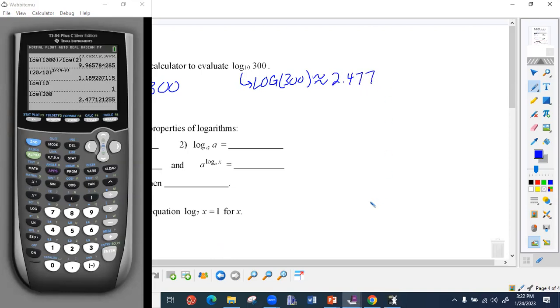The other way is, notice how it said log base 10. Let's say I'm a person who needs to see it how it is. With our calculator, there's another way of typing it in, where you can change the base.